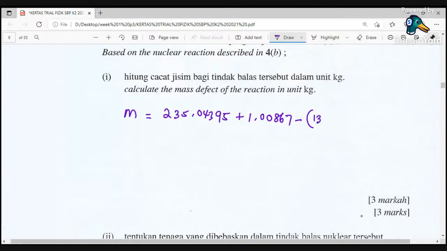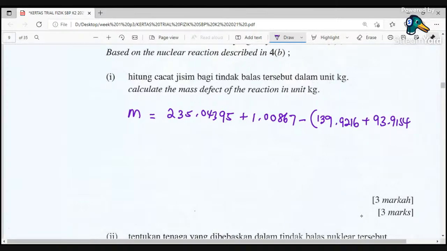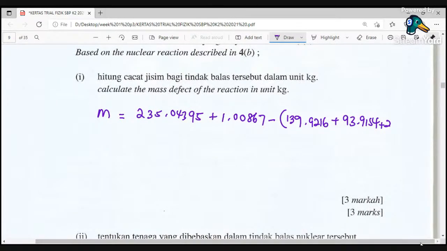For the xenon, 139.92 plus for strontium, 93.9154, plus 2 neutrons. The mass of a neutron is 1.00867. So when you subtract this, you will get 0.19828 AMU, or we use the unit u. This is not in SI units.